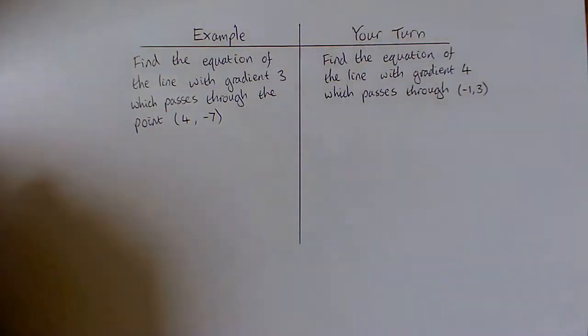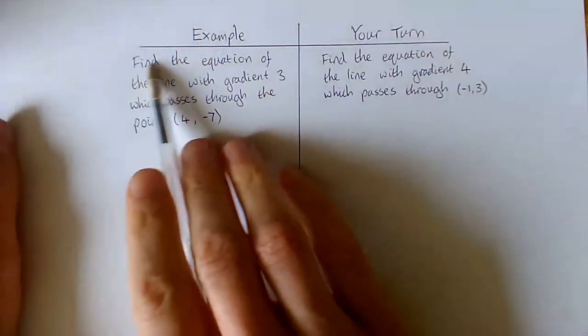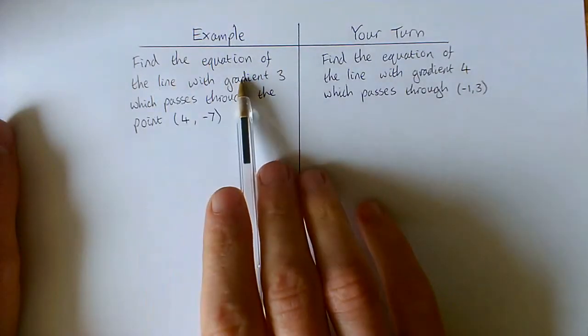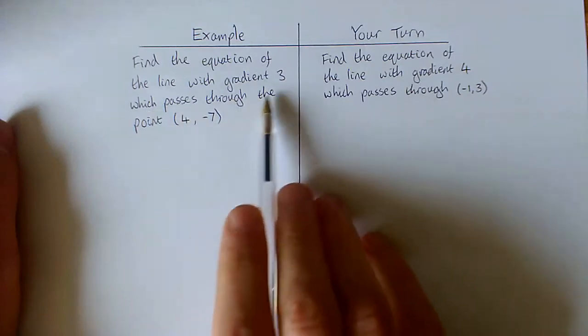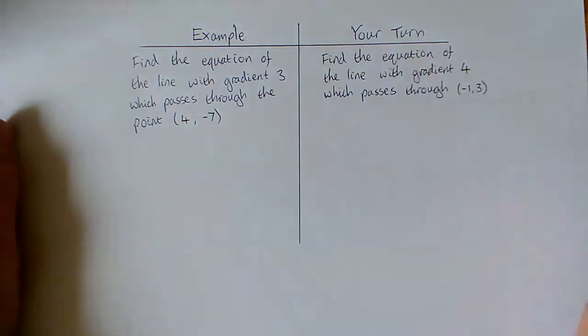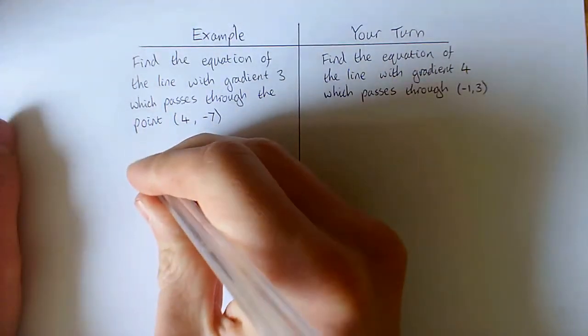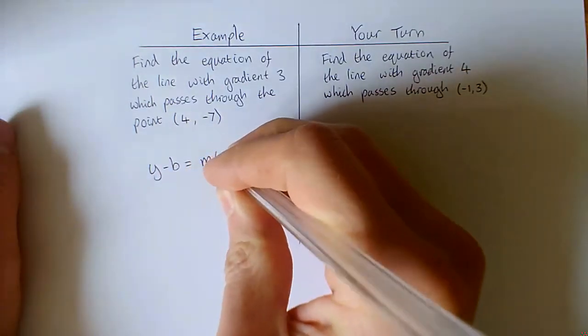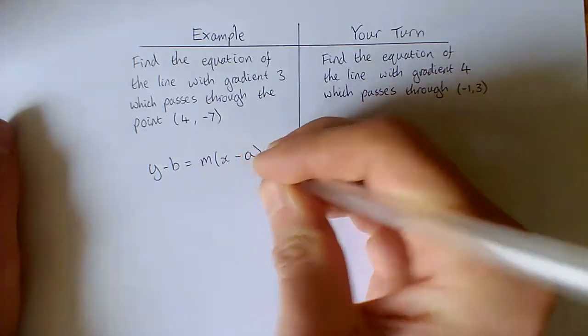So here's our examples. We're asked to find the equation of the line with gradient 3, which passes through the point (4, -7). And here is that formula: y minus b equals m lots of x minus a.